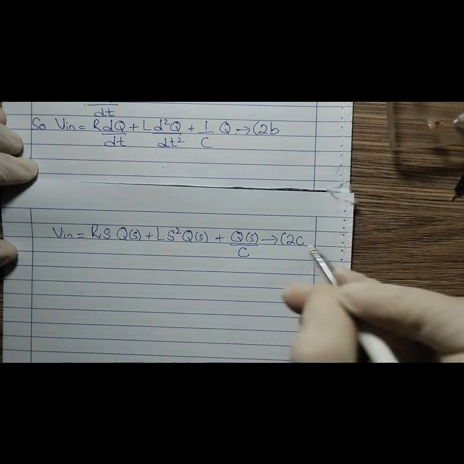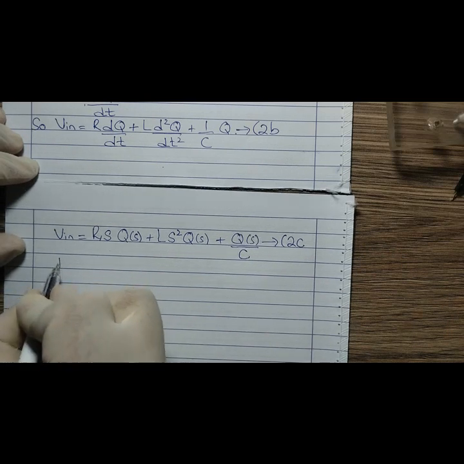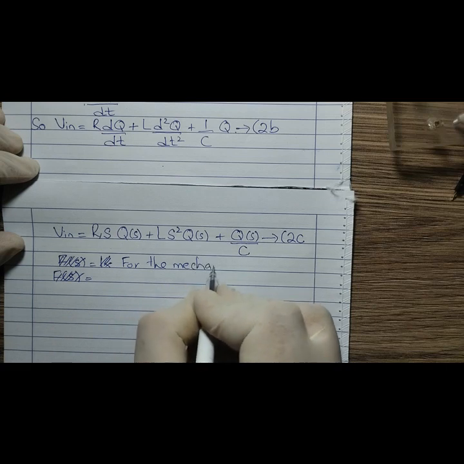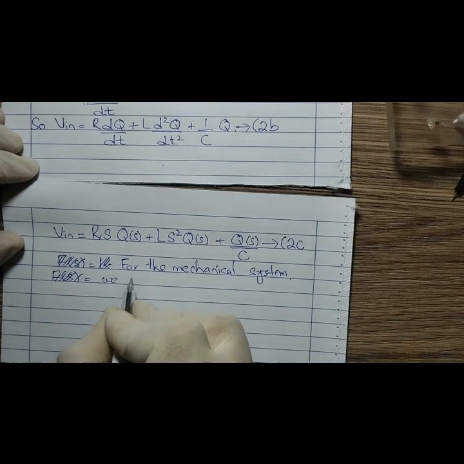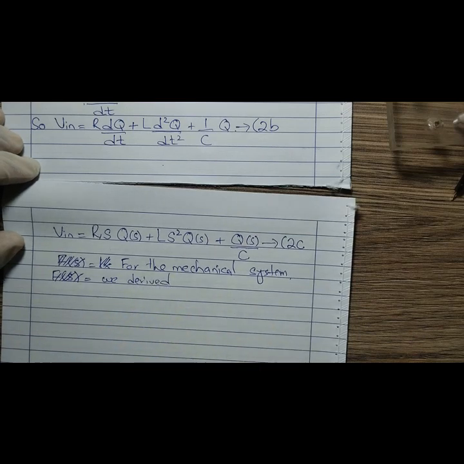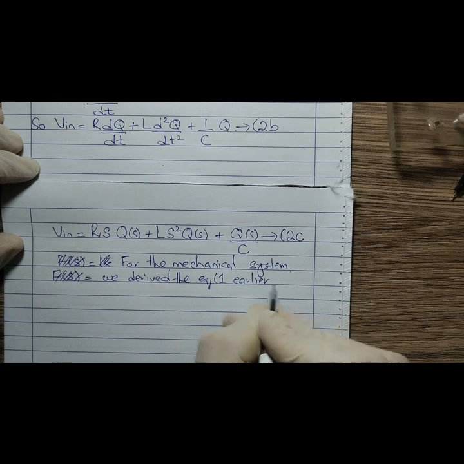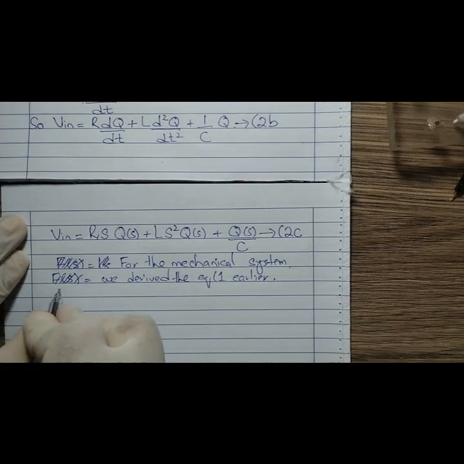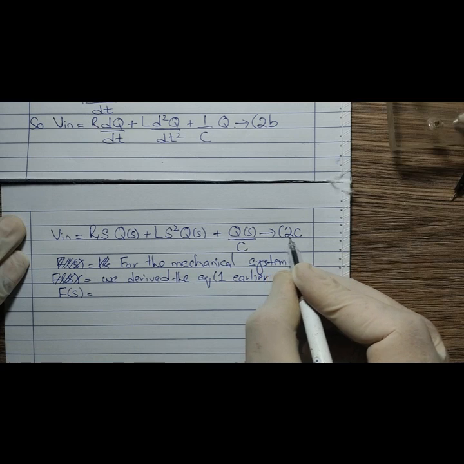Now we are going to compare this equation with the earlier equation that is written for the mechanical system, and it can be rewritten as F of s, which is the applied force, and we want to write it compatible with equation 2c.